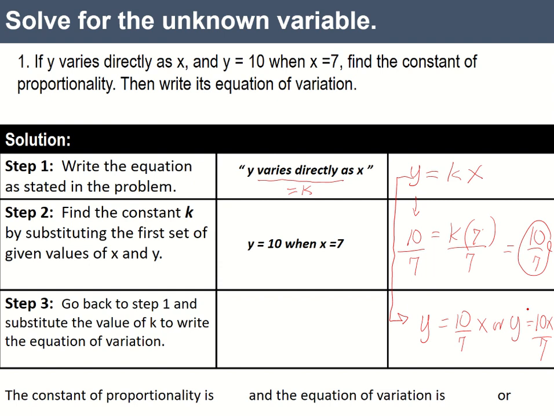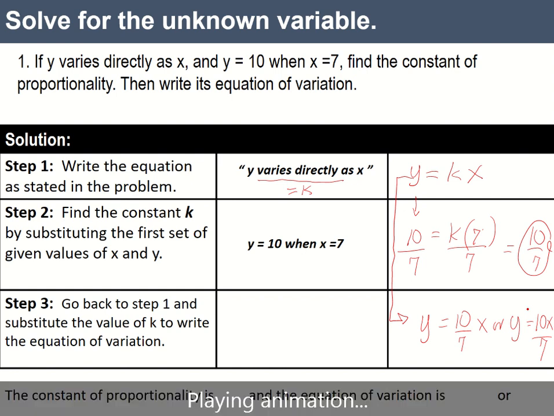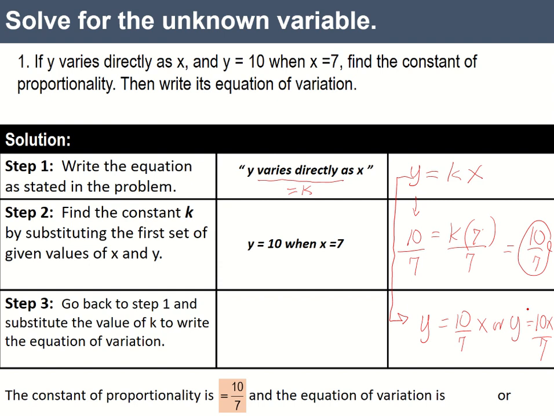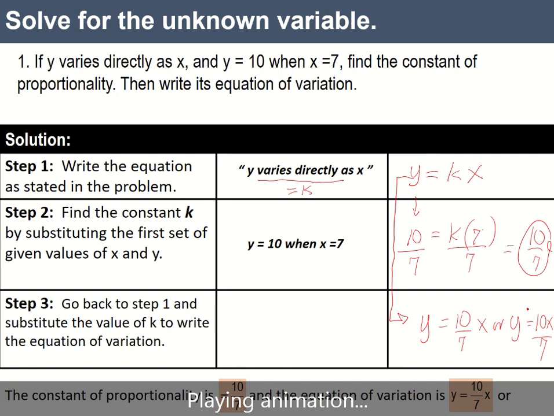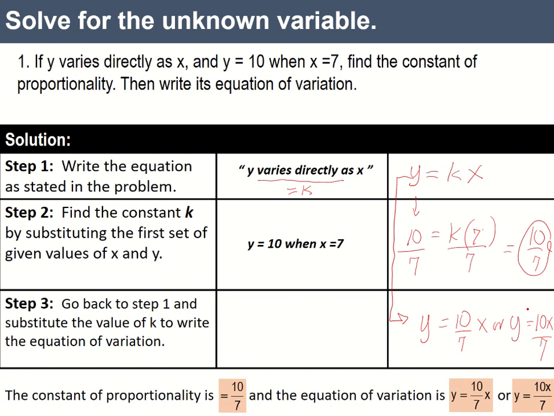So, we have now our conclusion. We say conclusion, that's answering the problem, or what is asked in the problem. So, the constant of proportionality is 10 over 7, and the equation of variation is y equals 10 over 7 of x, or it can be written as y is equal to 10x over 7. Let's have another problem.